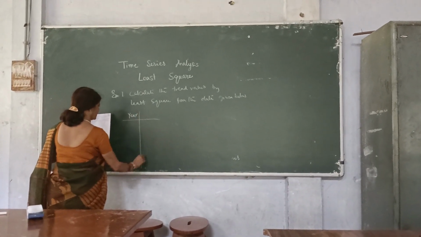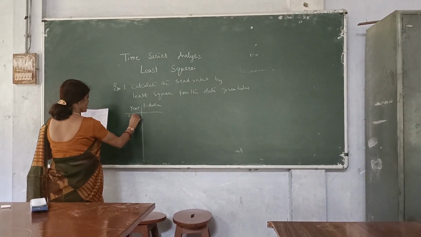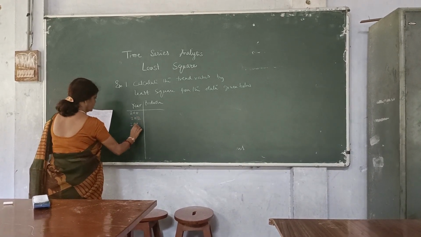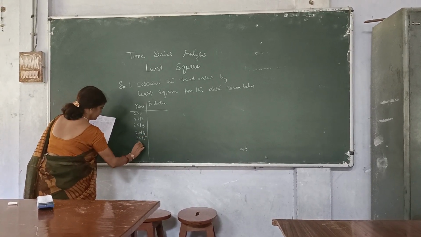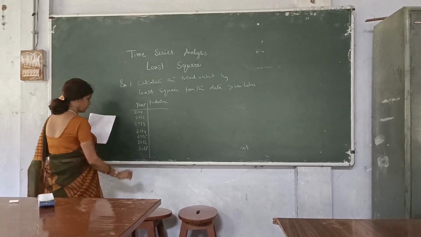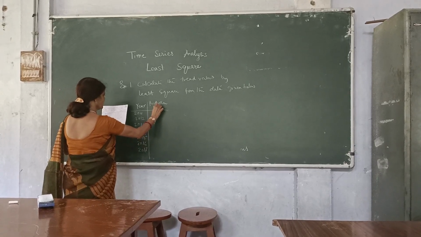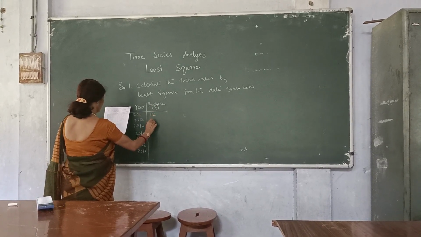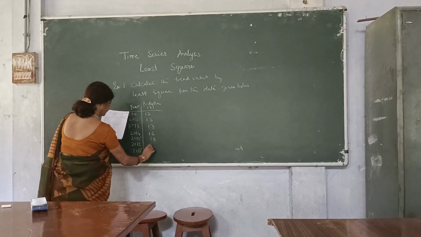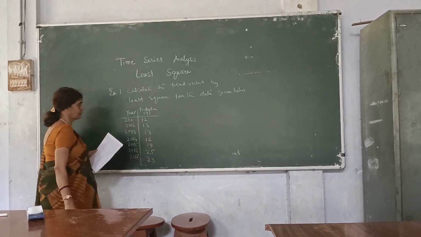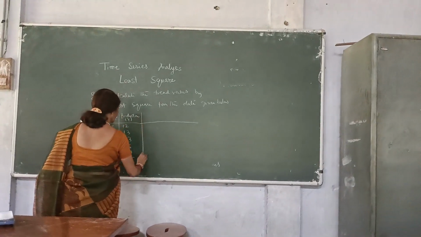Production, here suppose 2011, then production is 12, 30. So now you have to find out T.